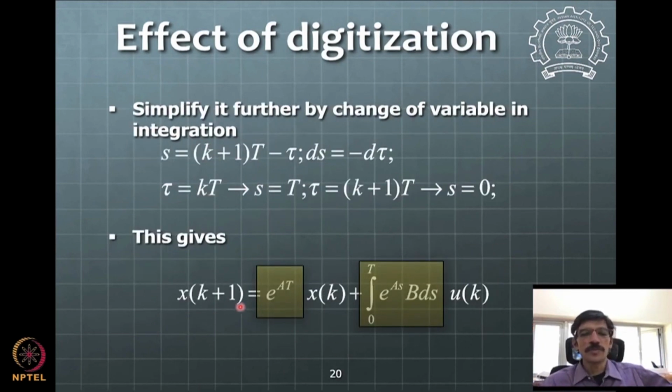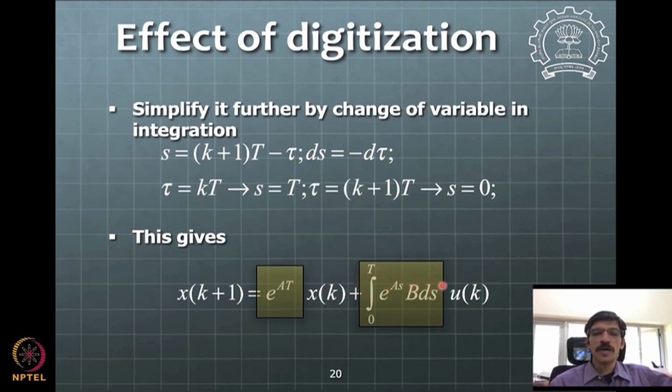So x of k plus 1 now is e to the power AT, where A is the system matrix for the original analog system, x dot is equal to Ax plus Bu, and capital T is your sampling time. So it is e to the power AT times x of k, plus the integral from 0 to T of e to the power As times B ds.